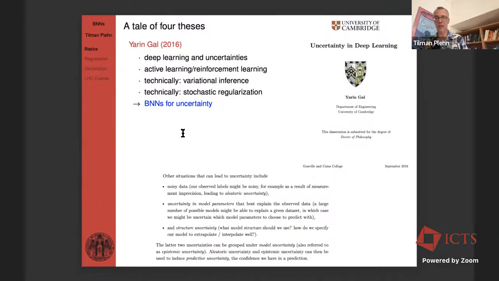And as so often, I think it's fair to say that, at least the way I think of Bayesian networks, the reason I like Bayesian networks goes back to one person, and that's Yarin Gal.